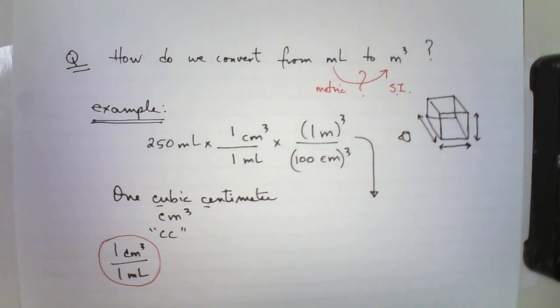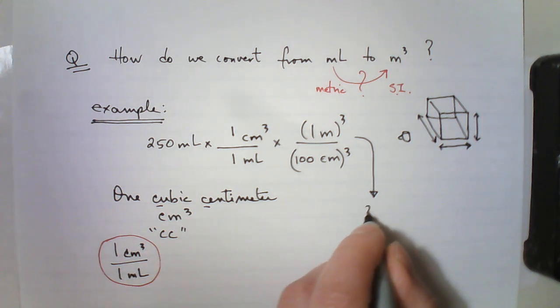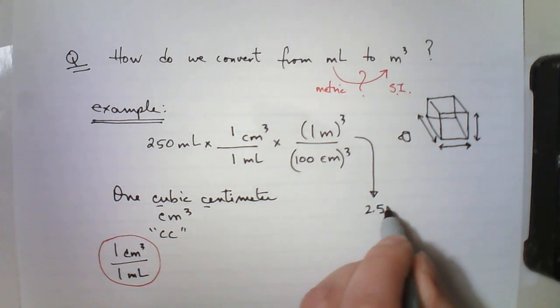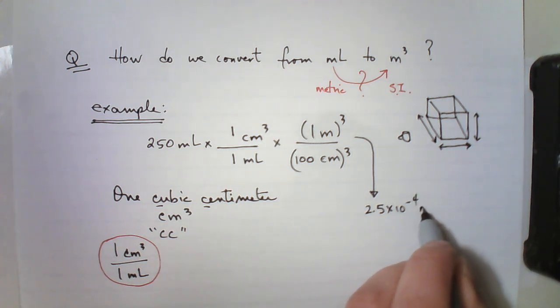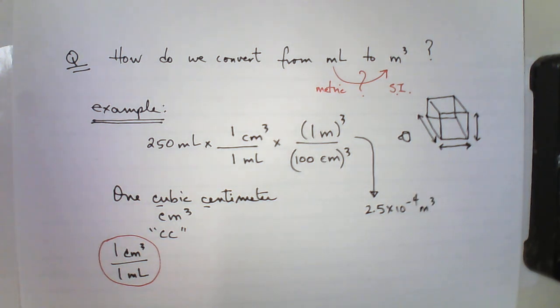So I would move the decimal place back 6 places. 1, 2, 3, 4, 5, 6. And so that would be 2.5 times 10 to the minus 4 cubic meters. A very small number.